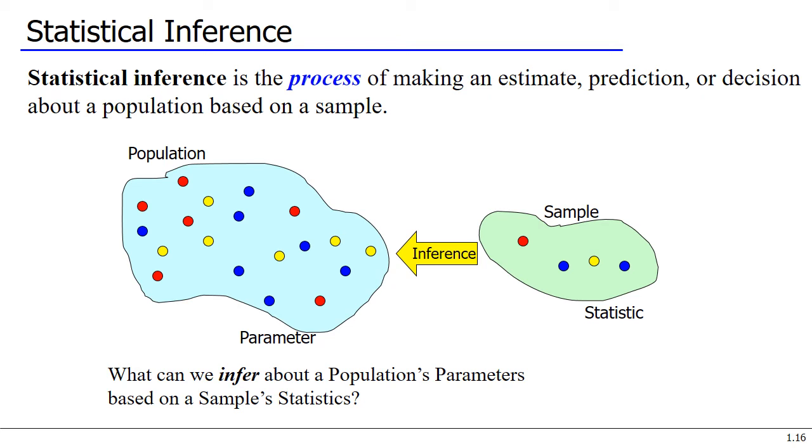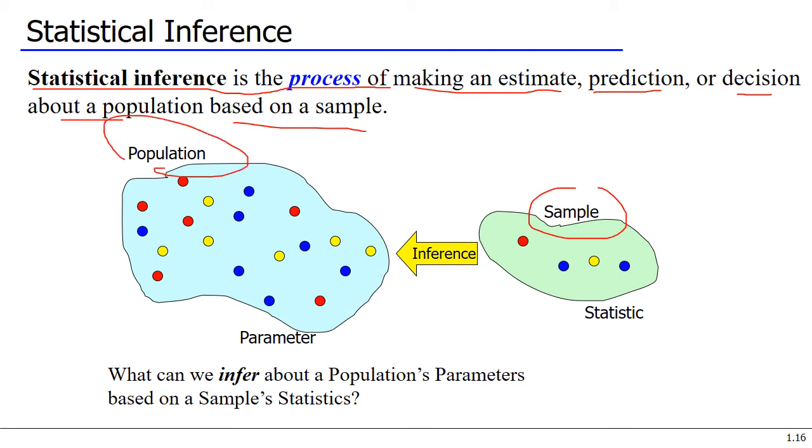As you can see, statistical inference is a process of making estimates, predictions, and decisions about the population based on a sample. Here, a sample is a subset of a population. Based on the sample, we calculate a statistic, and then we estimate the parameter based on the statistic.